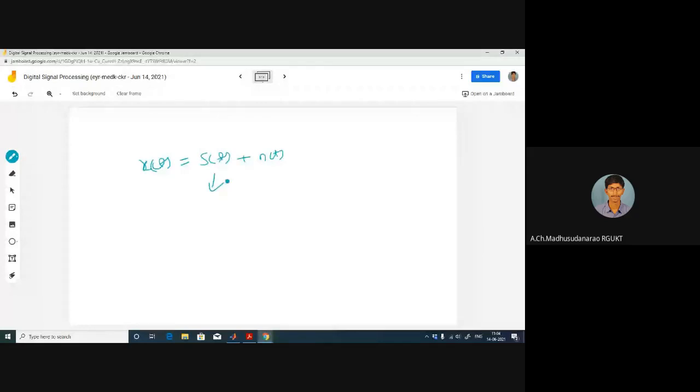If this is from 0 Hz to 3 kilohertz, for example, and this is from 4 kilohertz to 20 kilohertz, noise is from 4 kilohertz to 20 kilohertz, and signal is from 0 Hz to 3 kilohertz.